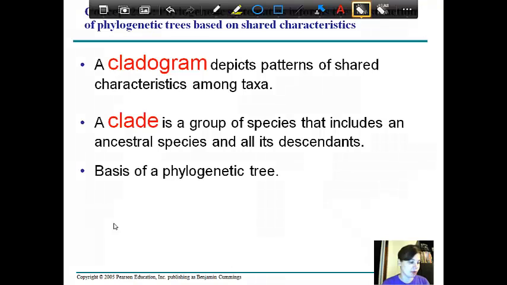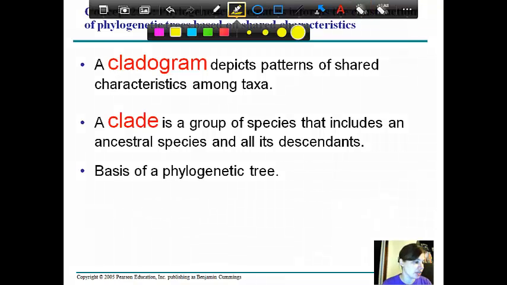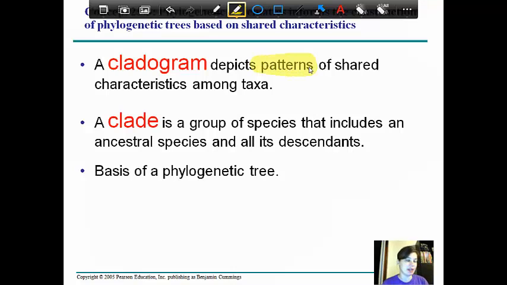What you're looking for is a section of a phylogenetic tree that has a certain pattern, and that pattern is contained in what's called a clade, which is a group of species that includes one ancestral species and all its descendants.